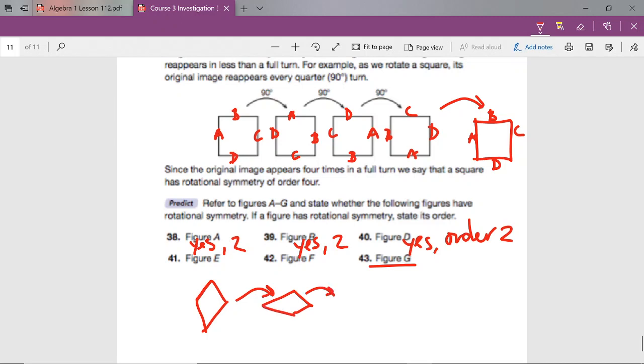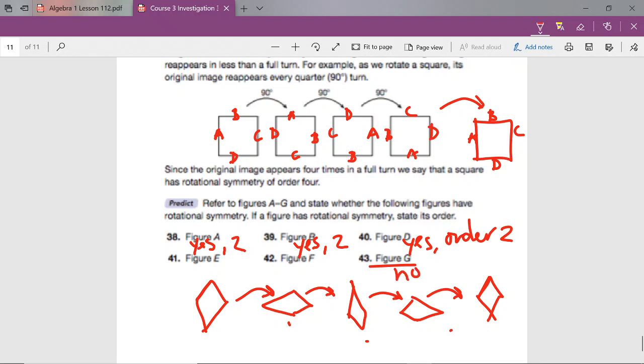I rotate it again, now my small point is turned down, that didn't work. And another time, now my small point is going that way, didn't work. So by my last turn, when I do see it again, none of these actually worked, so I would say no, this does not have rotational symmetry.